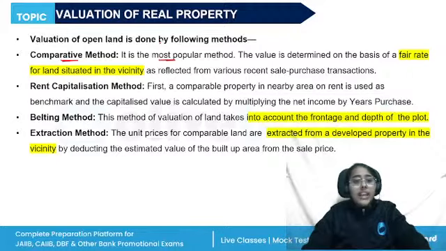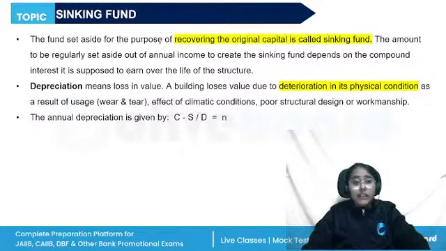Next, we have the concept of sinking fund. Let's say at the end of the life of the structure, that is when it ceases to yield the desired income, a property has to be replaced or rebuilt so that the income may continue for a further period. The fund that is set aside for this purpose for recovering the original capital is known as the sinking fund.